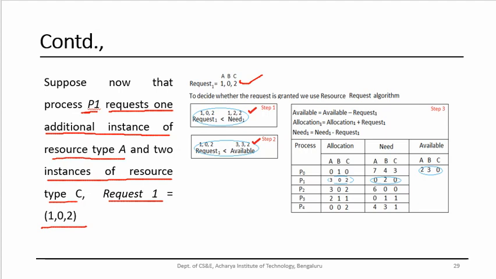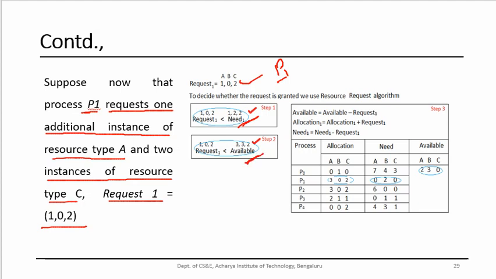Before that it checks whether the request made by process P1 is less than its need and less than the available number of resources.